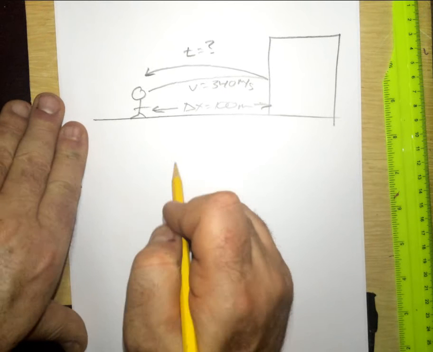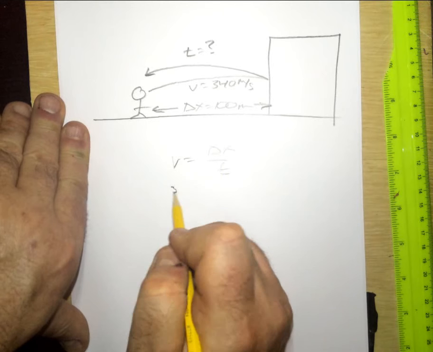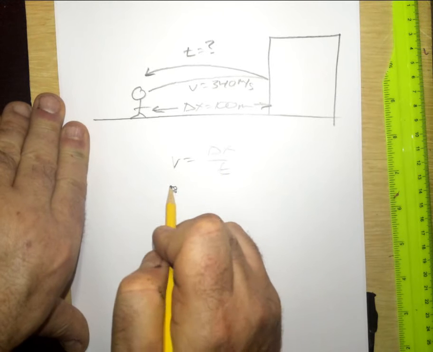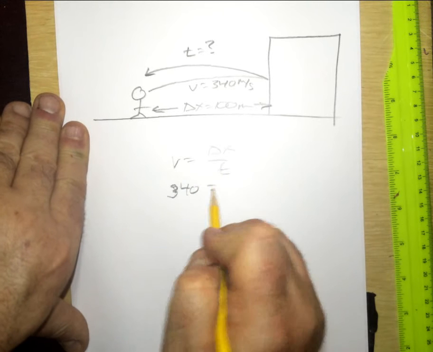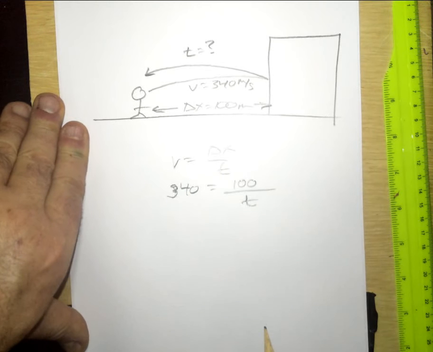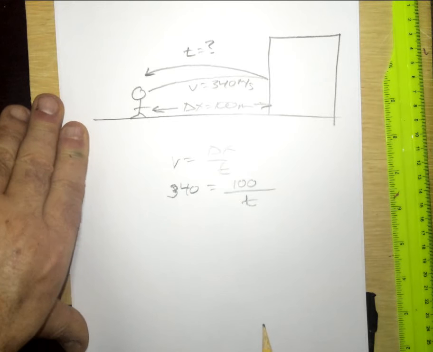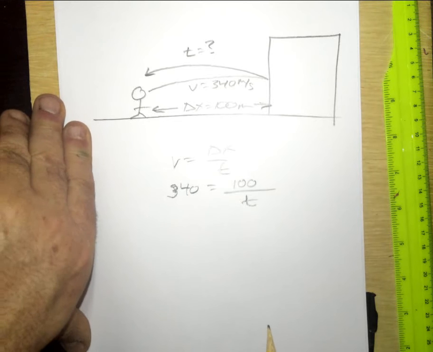Okay, the equation, V equals delta X all over T. V is 340. The delta X is 100 on the top. The T is our unknown. Do not just simply divide both sides by 100. It's more complicated than that.